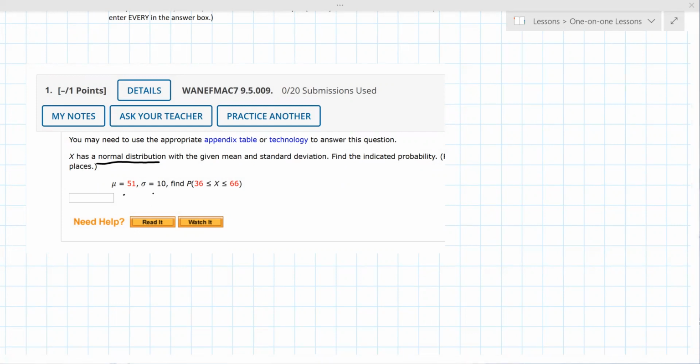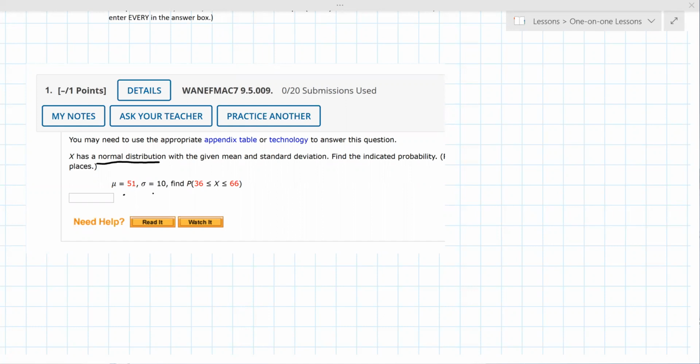So the built-in ones are going to be under stat. No, I think it's second distribution. But let me look here. Second vars, which is distribution. Let me look up normal distribution TI-84. Okay, see if I can find that.